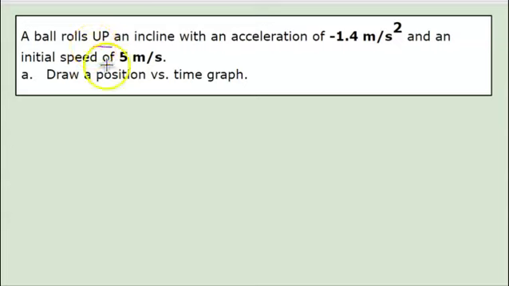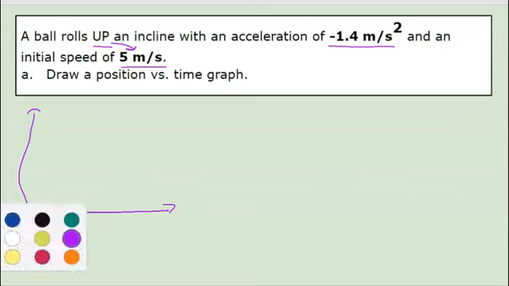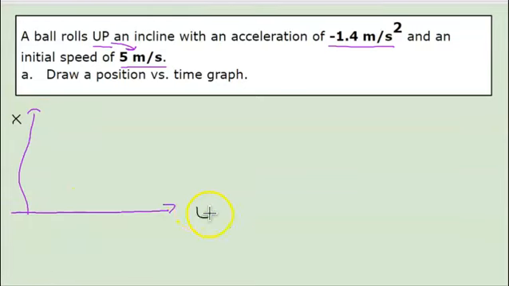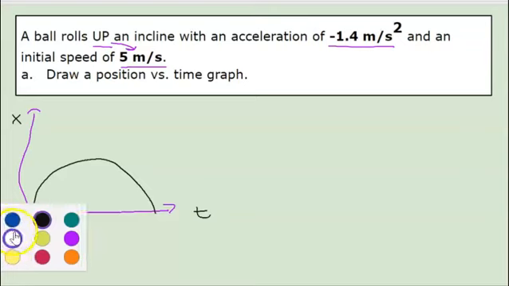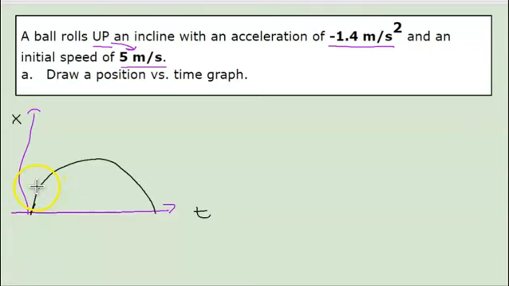So you have a ball rolling up an incline, but gravity is pulling it down the incline, and it was going up the incline with an initial speed of 5. So the first thing we're going to do is draw a position versus time graph. Acceleration being negative means it is a concave down parabola. The initial speed of 5 means the instantaneous rate of change at this point is 5.